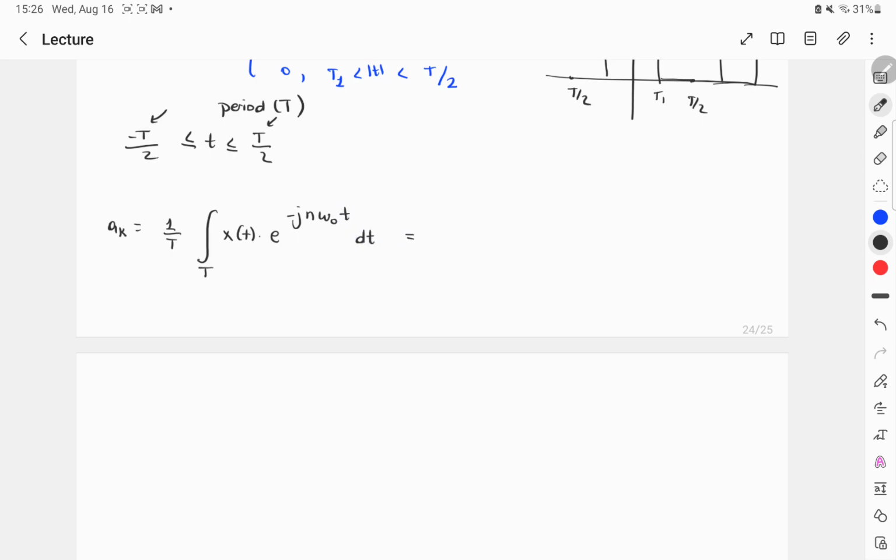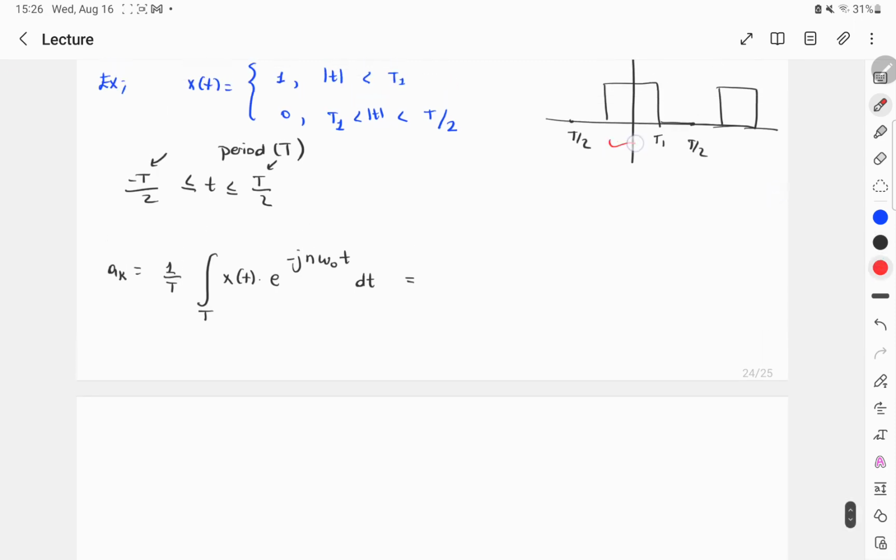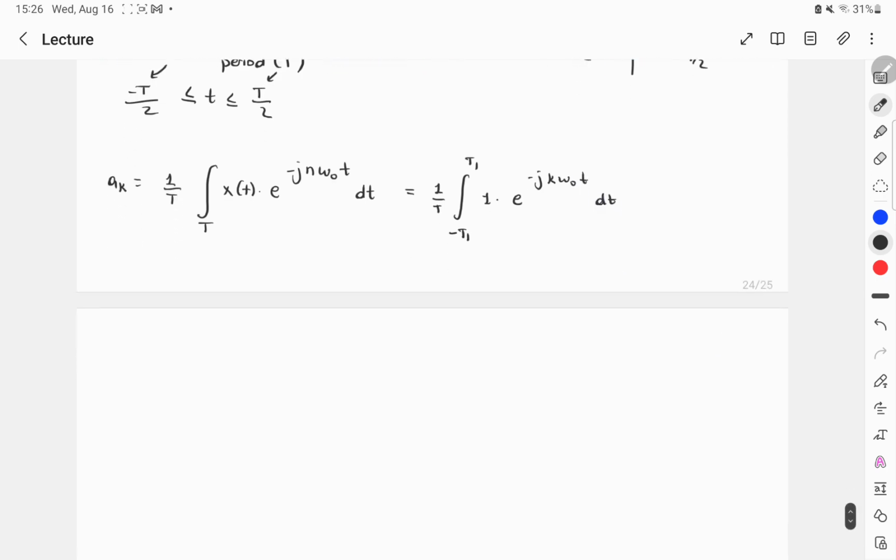And since we take it until T1, we are going to consider here, and the value is 1, so we can write this as 1 over T, from minus T1 to T1, 1 times e to the power of minus j k omega_0 t dt, right?